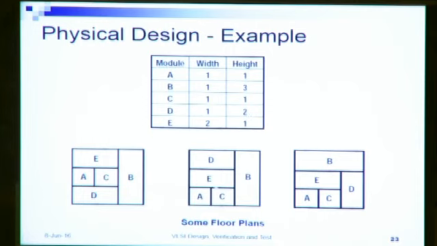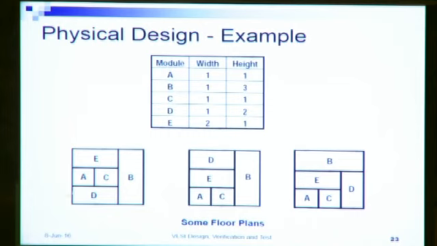And we have three different layout plans for the same set of modules. Here, see the first one, it has a width of 2 and a height of 1. A has a width of 1, height of 1. C has a width of 1, height of 1. D has a height of 2.